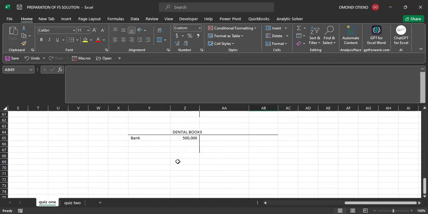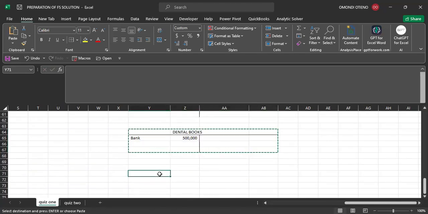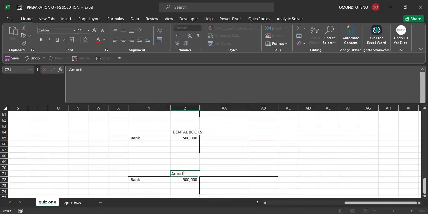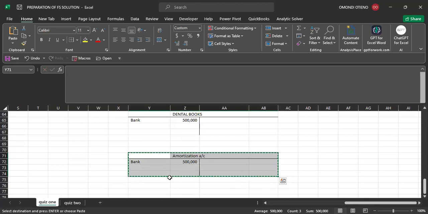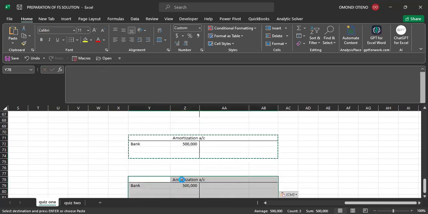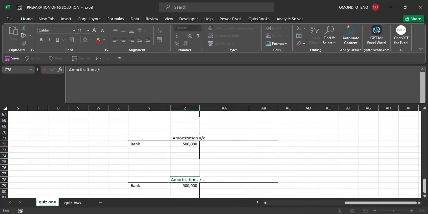So for dental books, you are going to have what we call an amortization account, and of course you are going to have accumulated amortization.